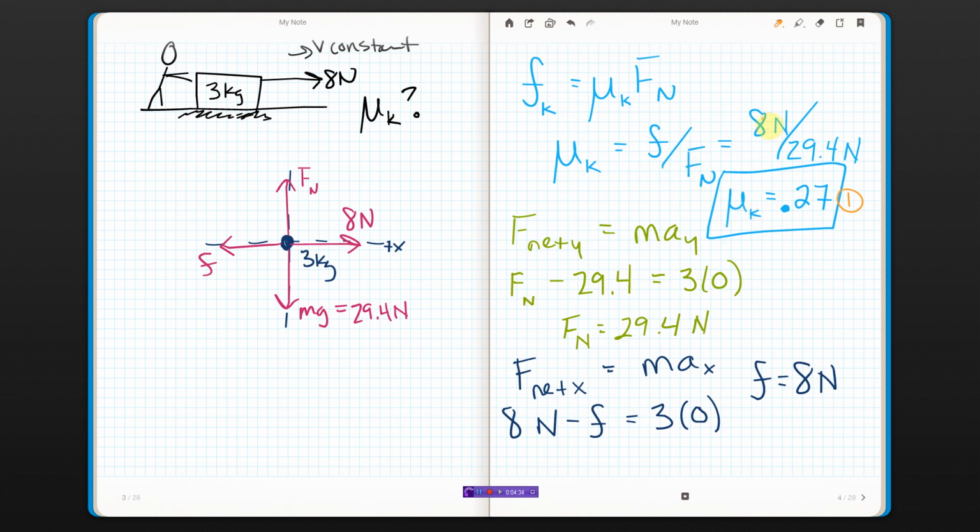If you got that the friction was 8, and the normal force, I'm going to give you 2 for getting that it's 29.4. I'm not going to give you any points for how you got there, because some of you will use Newton's second law to do it, and you should, but most of you will just say those cancel out, so it must be 29.4. So I'm just going to give you 2 points for getting there no matter how you got there.